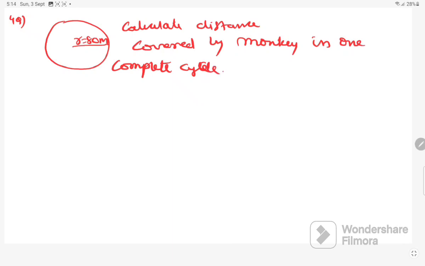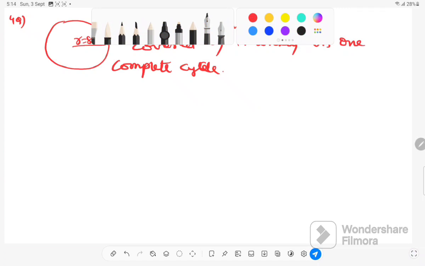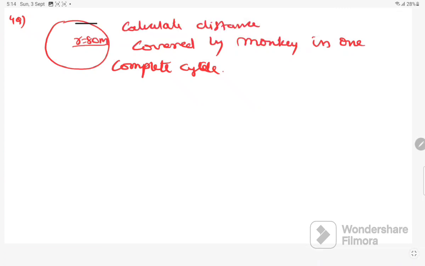So here they are not asking displacement. See, whenever the monkey completes one complete cycle, displacement will be zero, because starting point and ending point will remain the same, right? But right now they are not asking you the displacement, they are asking you the distance, right? So the distance will be here. See, suppose starting is here, it is covering completely like this, right?